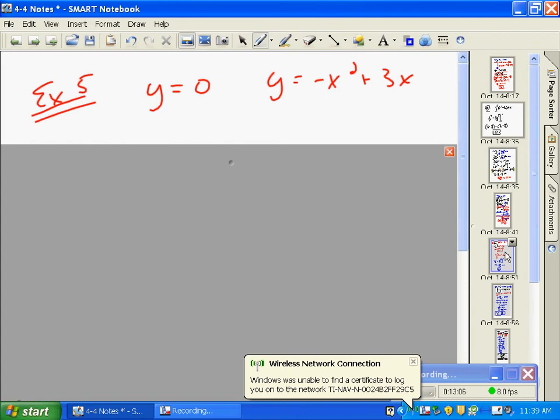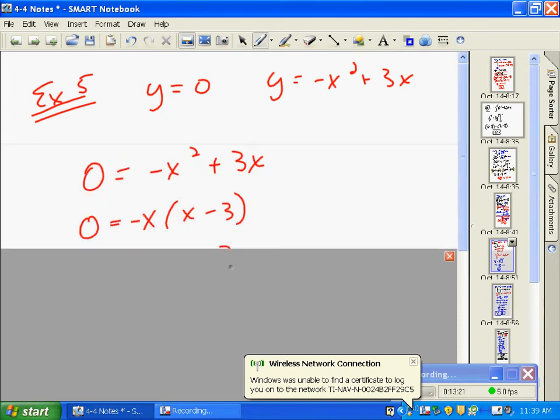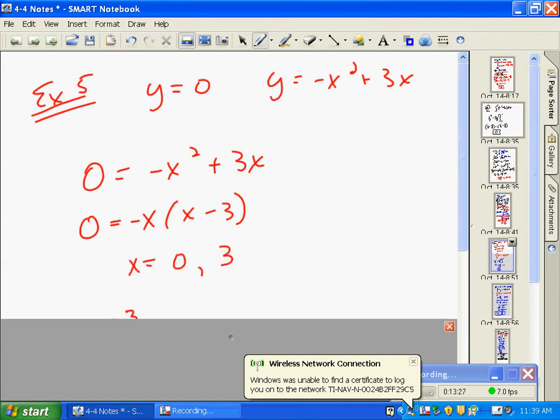And if you look here, it's not telling me any more than that. Every problem that we've had so far has been set up for us, and it tells us what the boundaries are that we need to find the antiderivative between. So what we need to do is set these equal to each other. I set 0 equal to negative x squared plus 3x, and I solve. I get x to be 0 and 3.